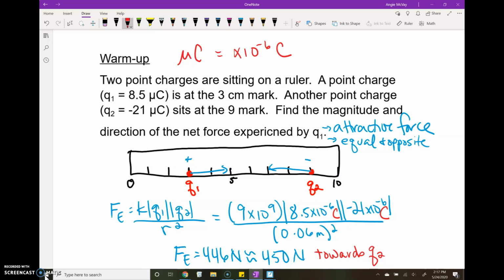Between the 3 centimeter mark and the 9 centimeter mark is 6 centimeters. You're going to write 6 centimeters in meters when inputting these into the equation. So your answer would be 446. You might round to 450. And that force is acting towards Q2.